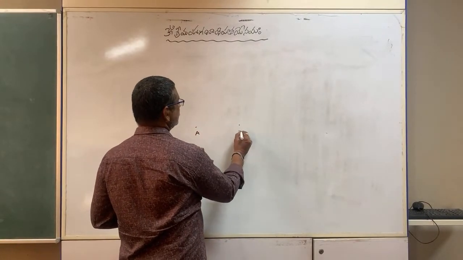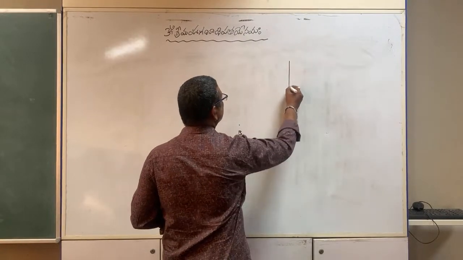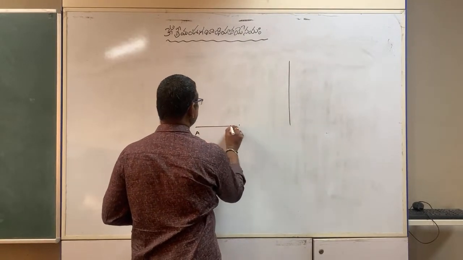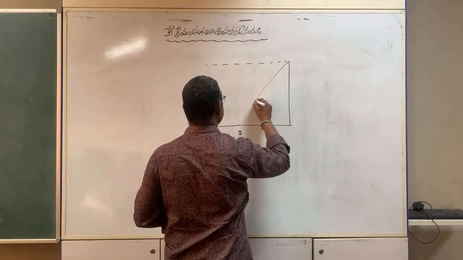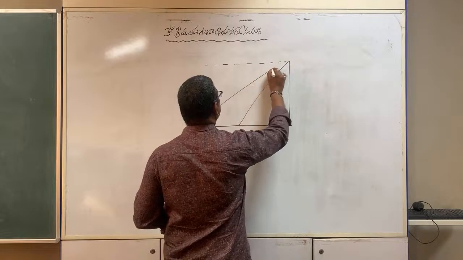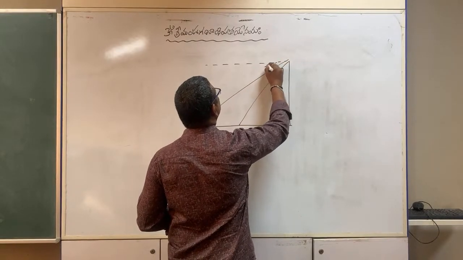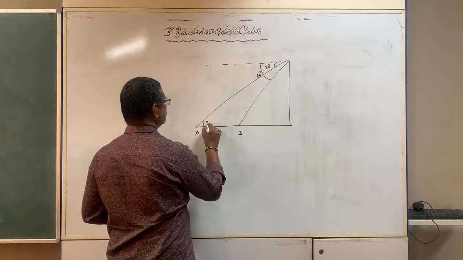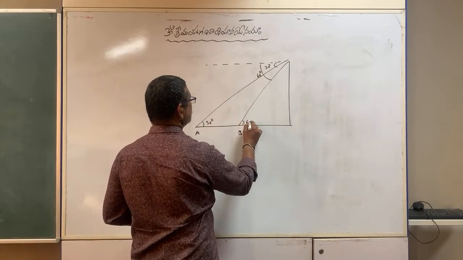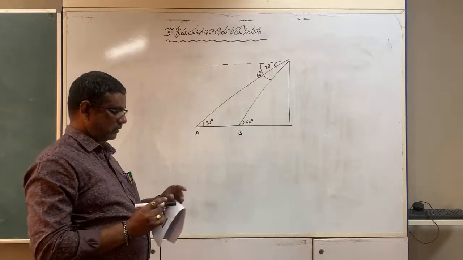A, B. This is 30 degrees, this is 60 degrees.